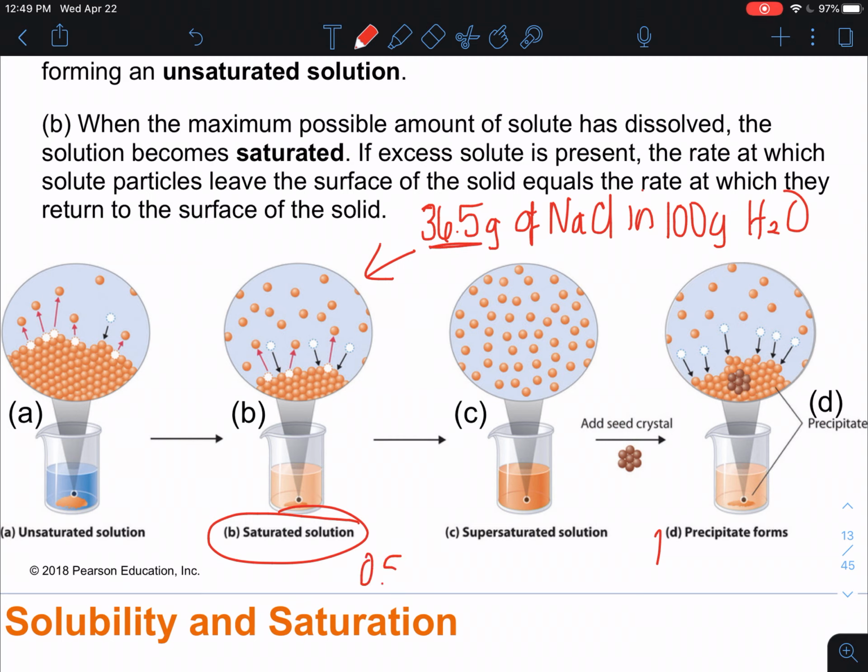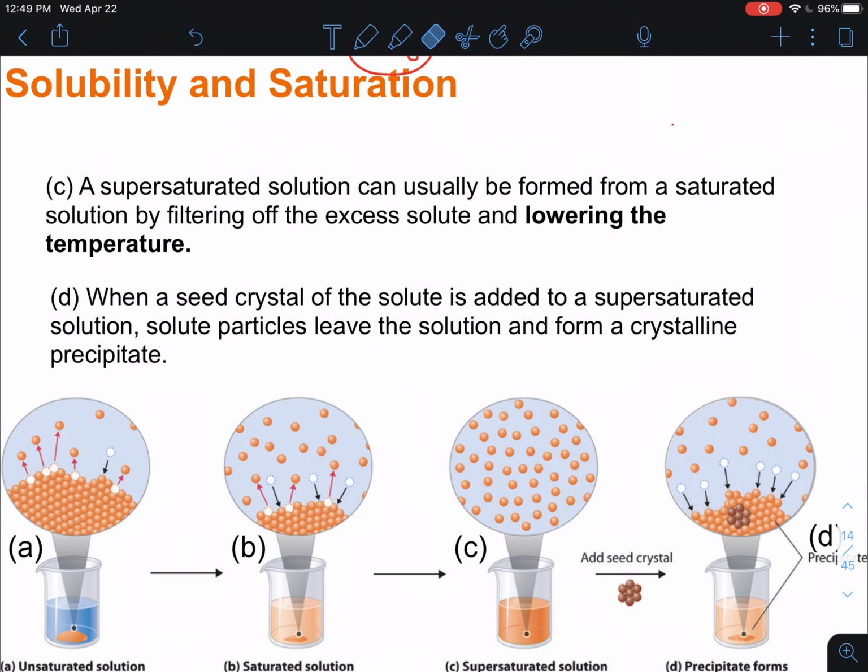And then the 0.5 grams you can think about as the excess solute. All right, and that 0.5 grams will undergo this type of process where the rate at which it leaves the solid and then comes back is equal. I'm not going to talk about anything on the right. I'm going to skip this.